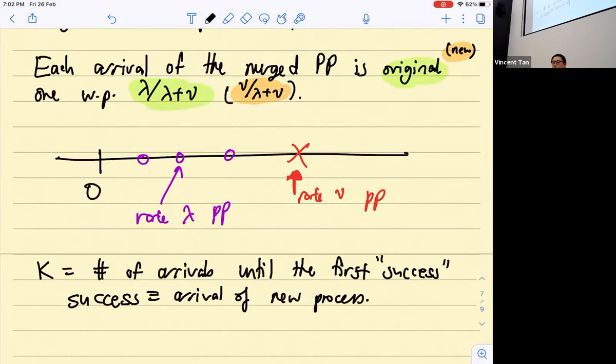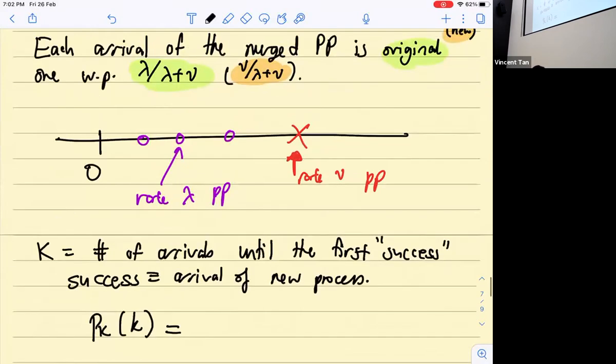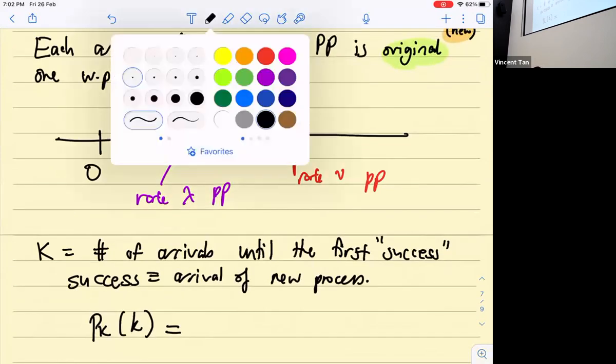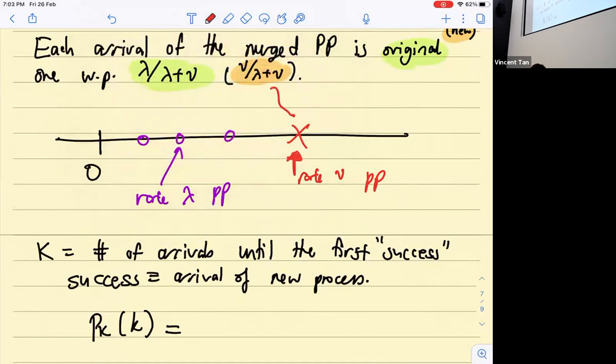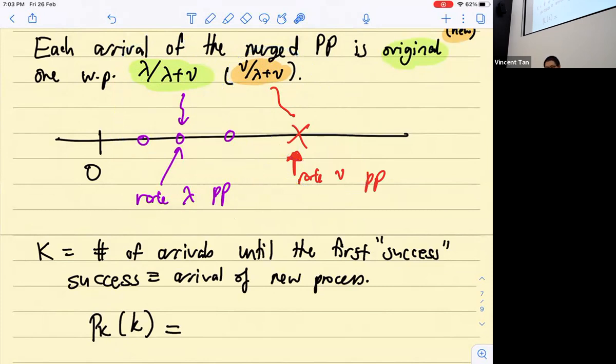So in this picture, how many arrivals until the first success? 3, because I drew 3 circles. So what is the distribution of K? Well, this happens here with this probability, and this happens here with this probability. The red one is the new process, and these are the original process, and we have these probabilities.